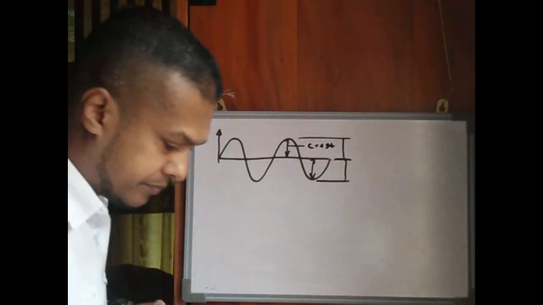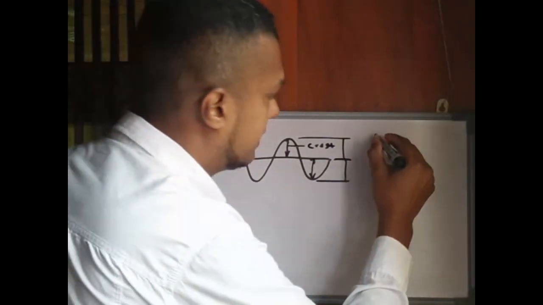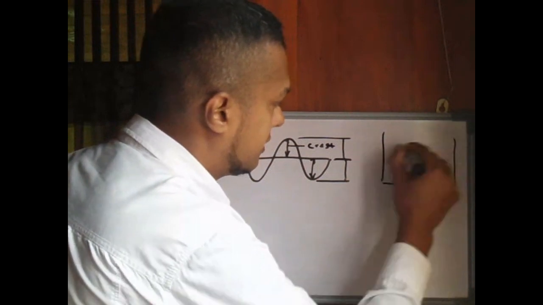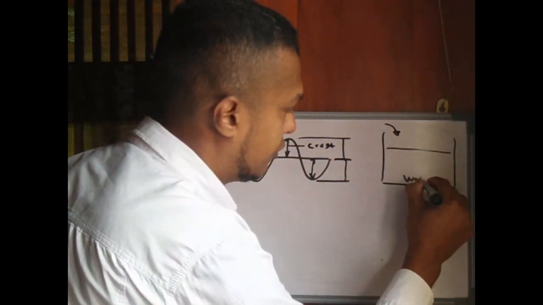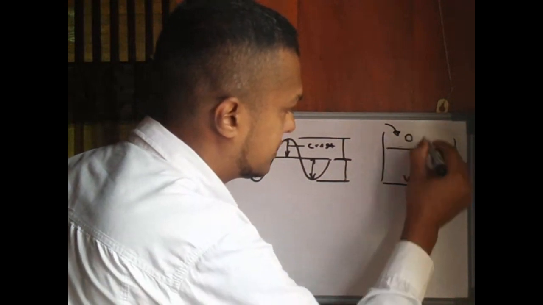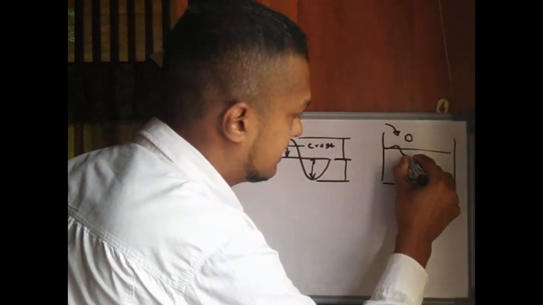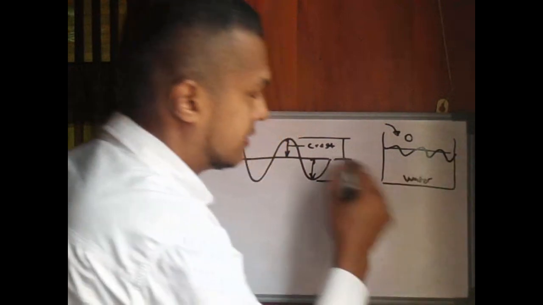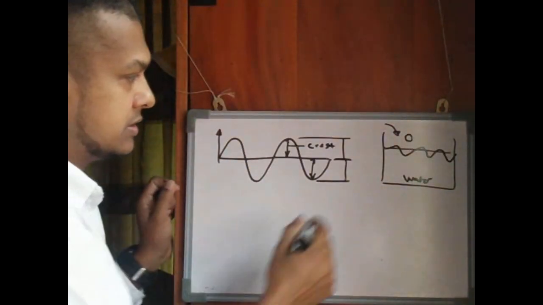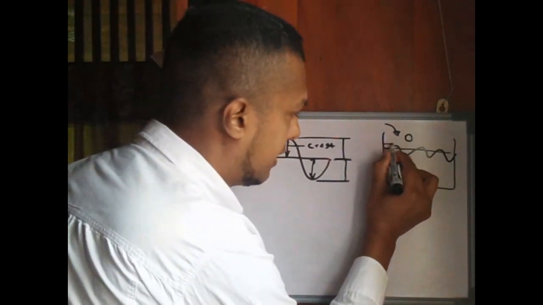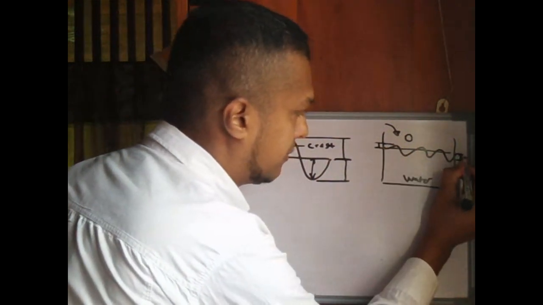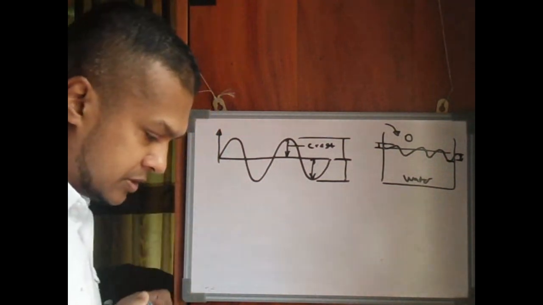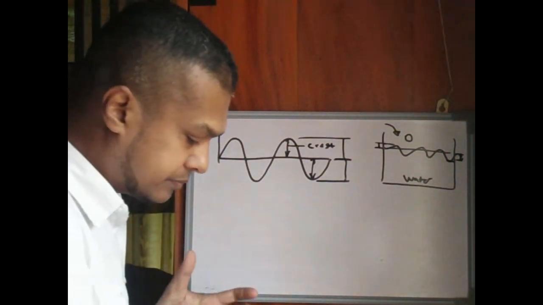The basic example is when you drop a stone in a water container, it just creates this wave in the water. That creates one peak point and one bottom point.